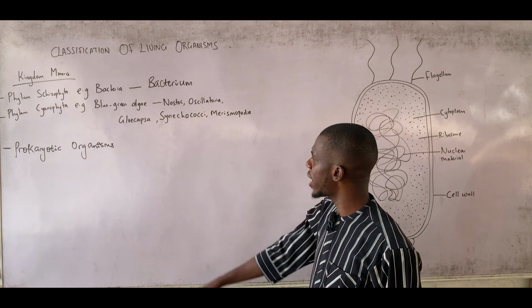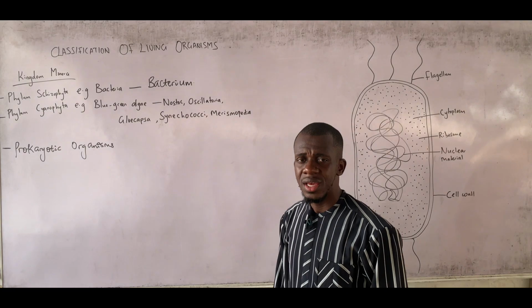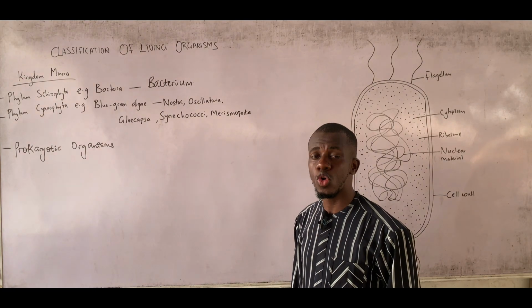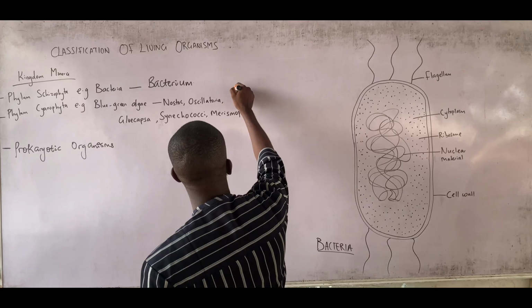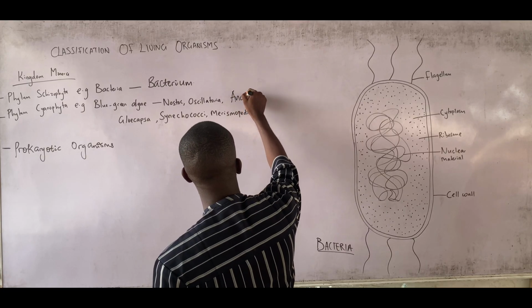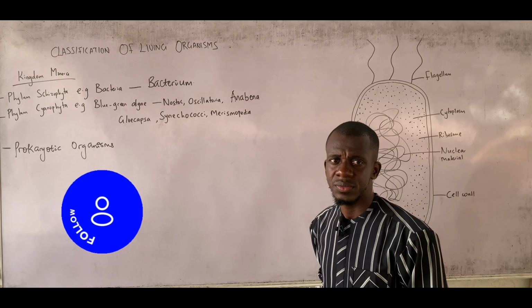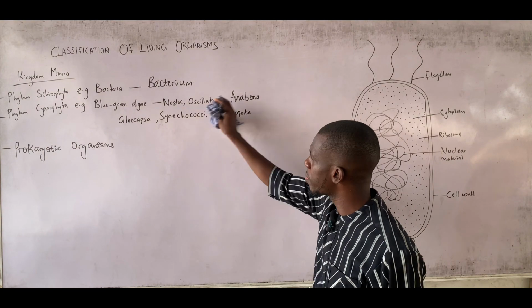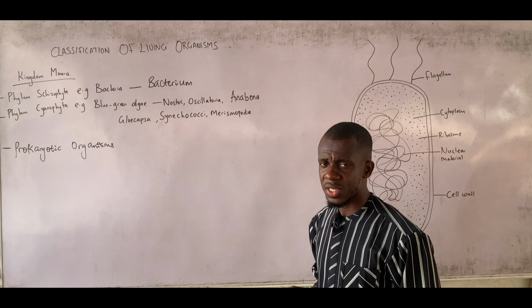Then Gloeocapsa and Merismopedia exist as colonies. We have another blue-green algae which we call Anabaena. So these are all examples of the blue-green algae. You see that now? Excellent.